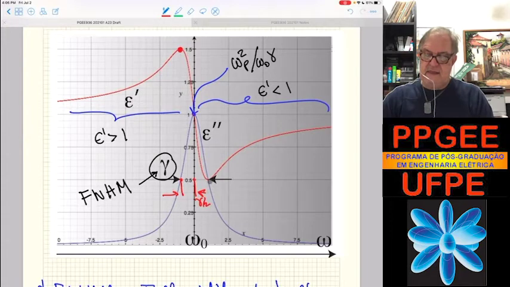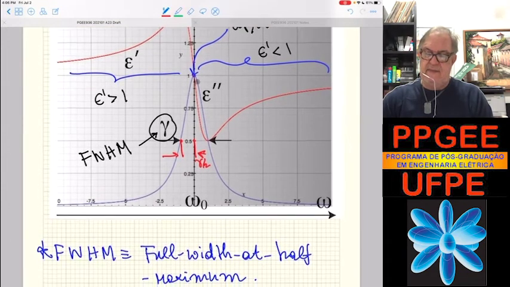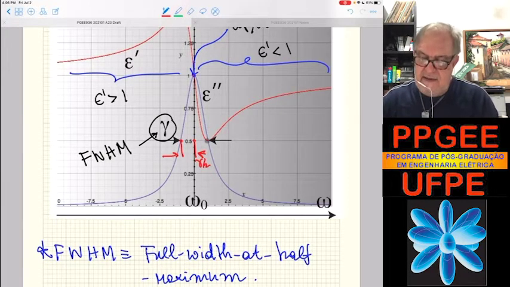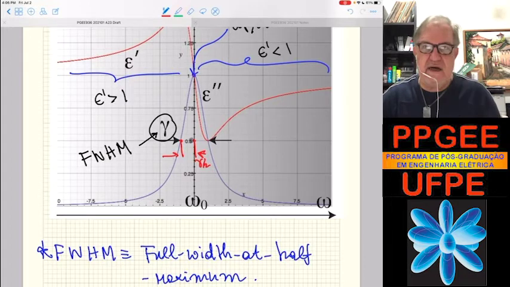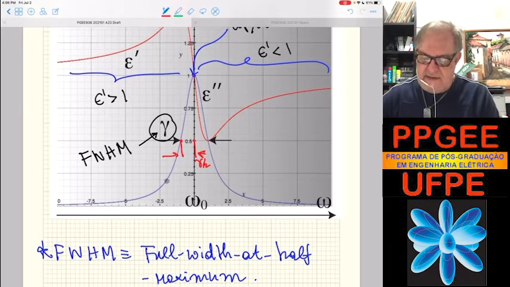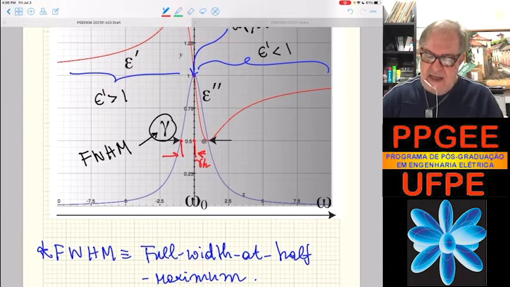This width in which the imaginary part falls down to half of the maximum value, the width of this resonance curve, or this Lorentzian curve, is gamma.